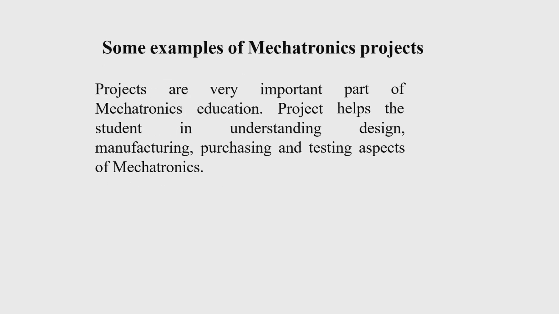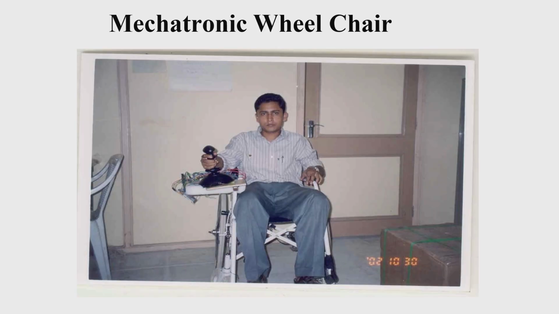Now, some examples of mechatronics projects. Projects are very important part of mechatronics education. As a mechanical engineer, I have tried to use mechatronics since about 25 years ago, and these are some of the old projects we did.